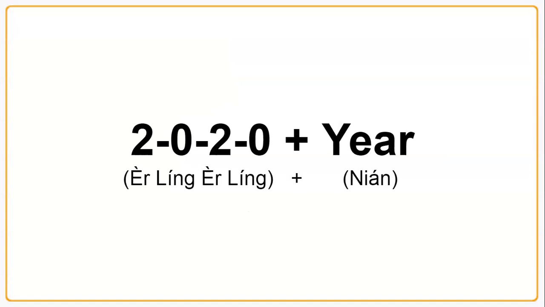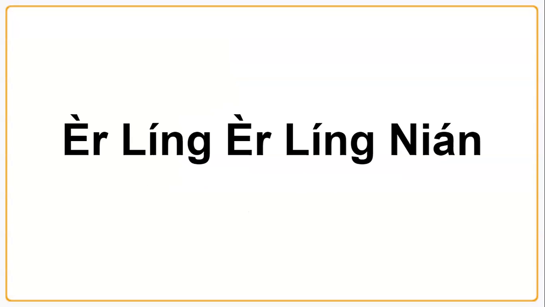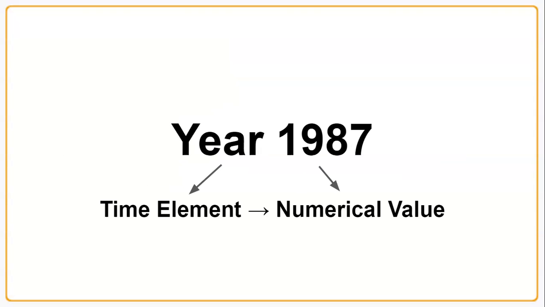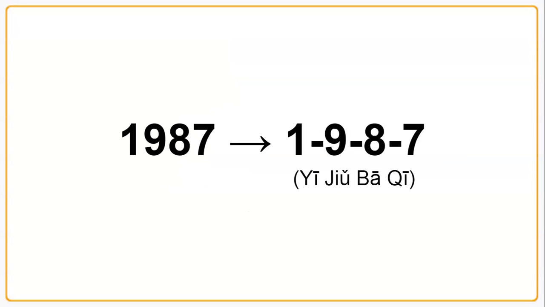Next, we simply just add the time element, which is year. Therefore, the year 2020 becomes 2020 year, or ling nian. Okay, so another example is the year 1987. First, we take the numerical value, then separate each digit.